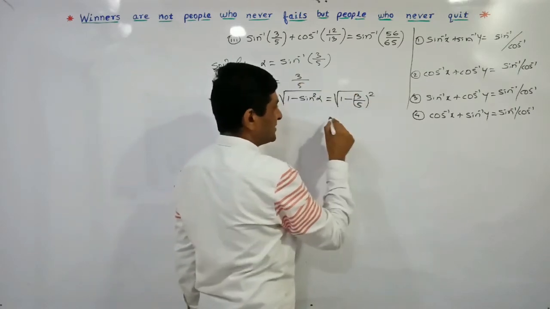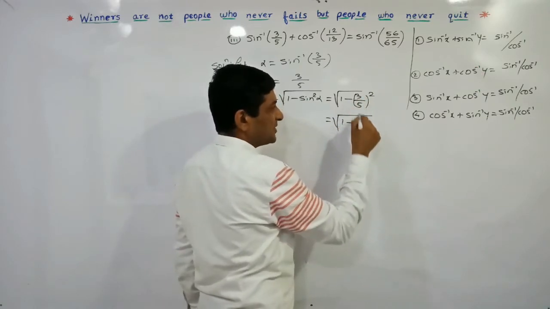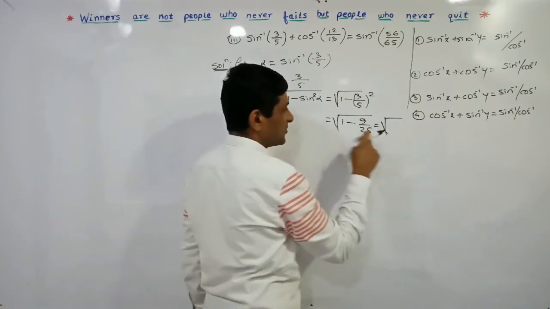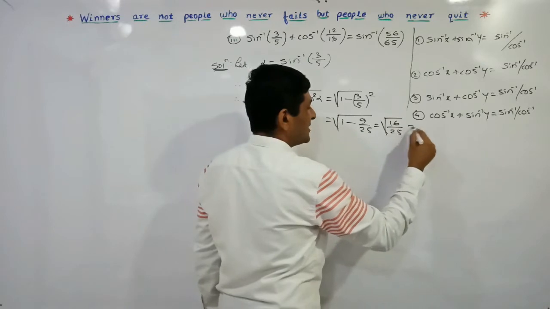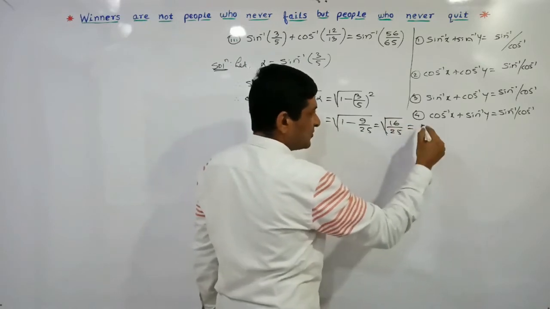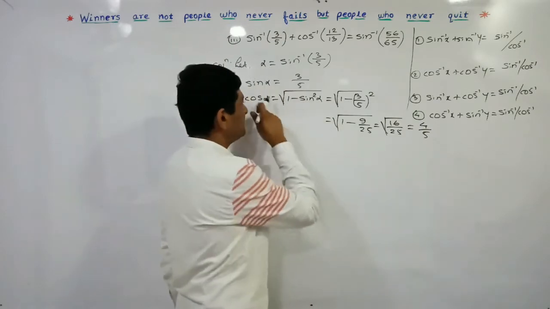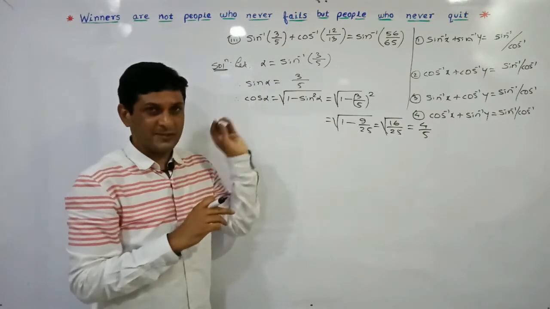Keep the square as it is. So it is under root 1 minus, what is the square of 3/5? 9/25. If we simplify it, 25 minus 9 is 16 upon 25, and if we take the square root, we will get 4/5. So in this way we have got the value of cos alpha.